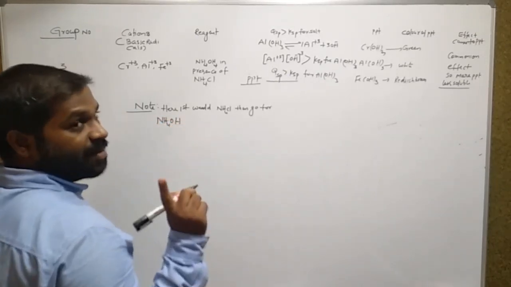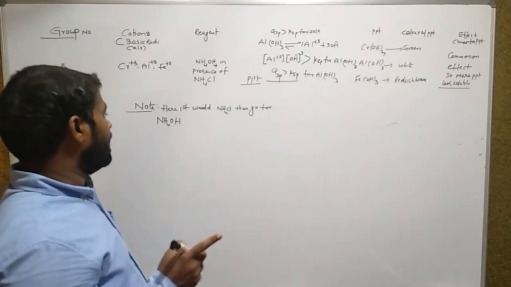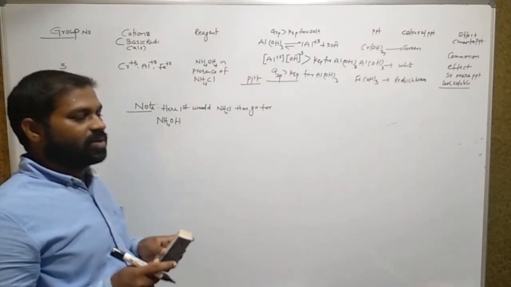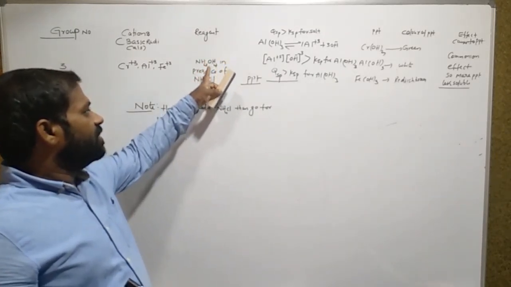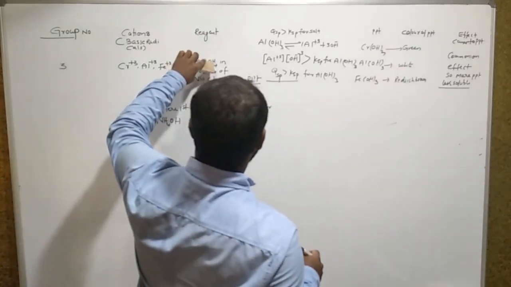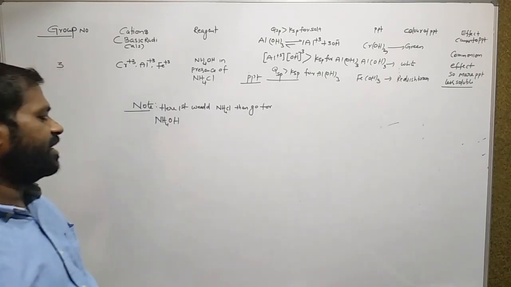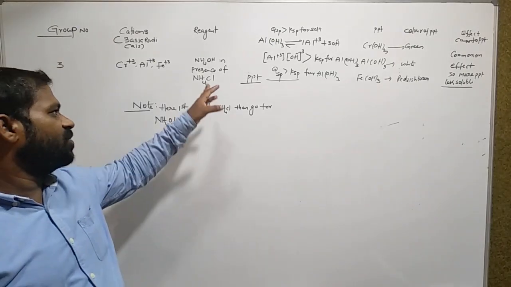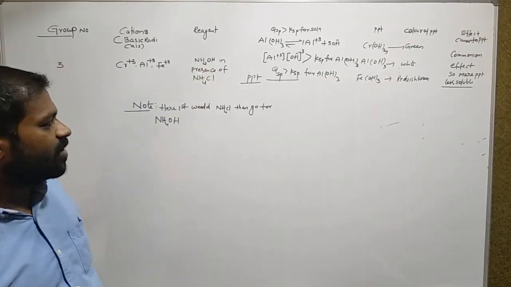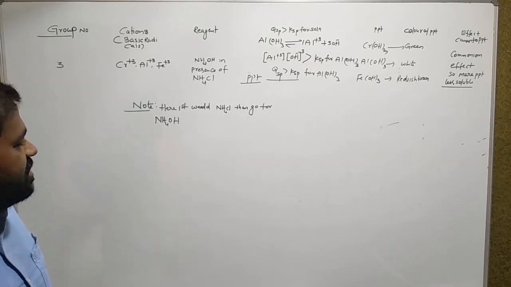So first add ammonium chloride, then only we add ammonium hydroxide. In that, first we add ammonium chloride, then we go for ammonium hydroxide. Remember this.